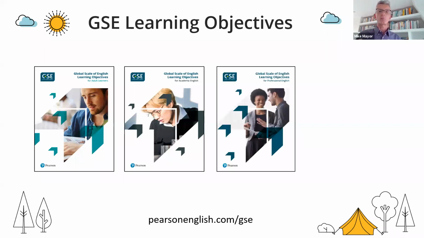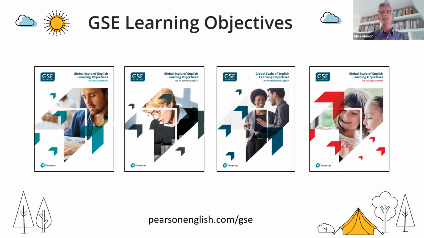We've got a set for business English, for professional English. And again, any professional English course covers some of the general language functions as well. And then a completely separate set for young learners. So this is targeting 6 to 14-year-olds, so people who are learning in a primary and lower secondary education.